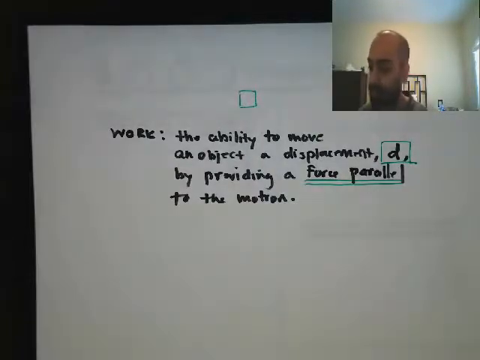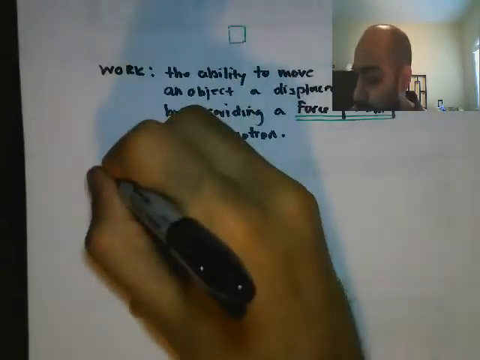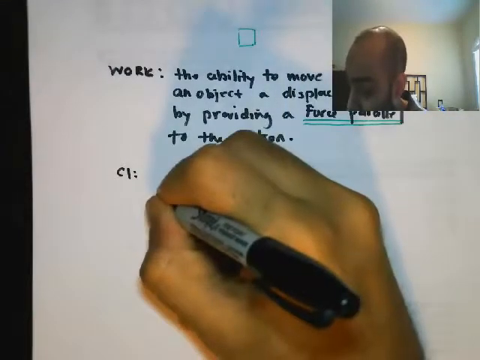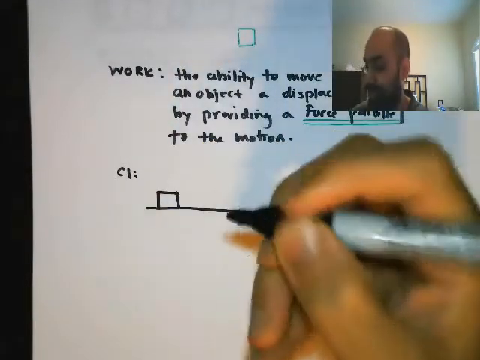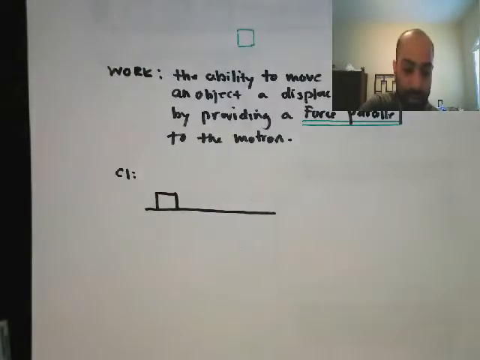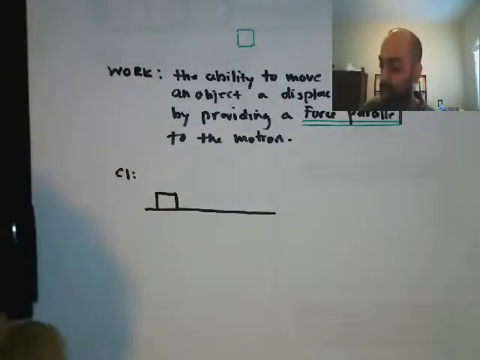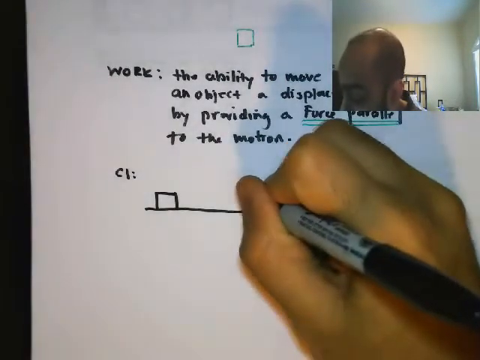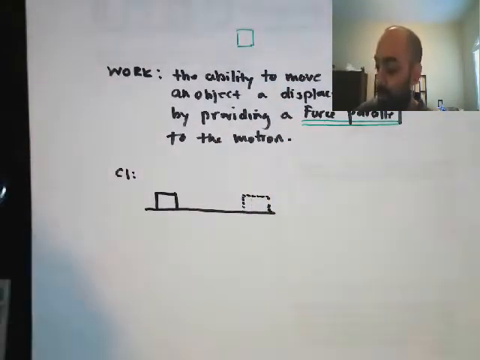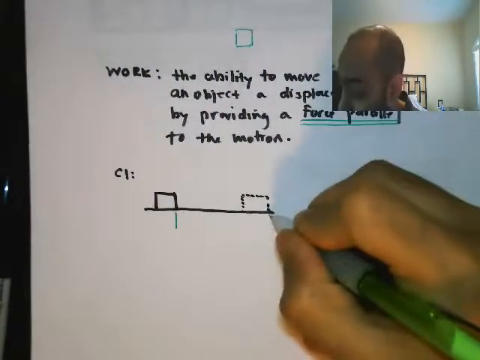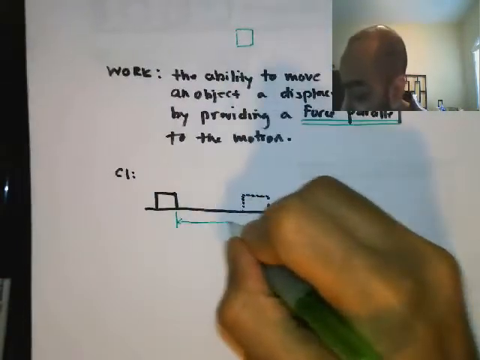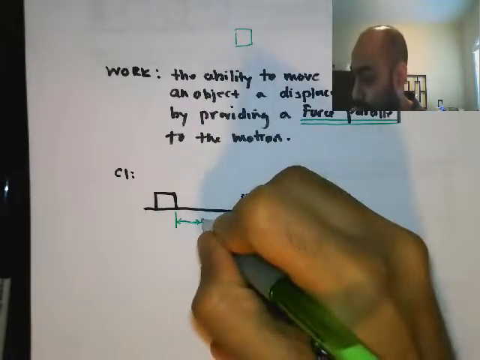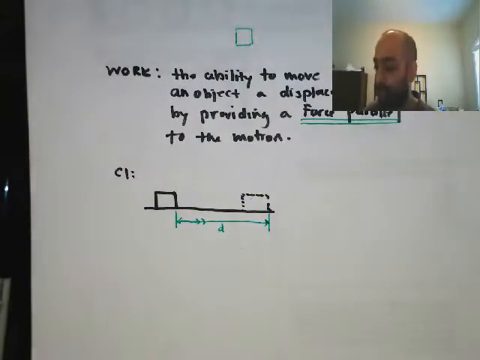Okay, let's look at three different situations here. Let's look at case number one. So, case number one. We have a flat surface with a box that sits on that surface. And an individual wants to move this object from here all the way to there. So that front edge is going to move a displacement d, and it's moving to the right-hand side, basically. Okay?